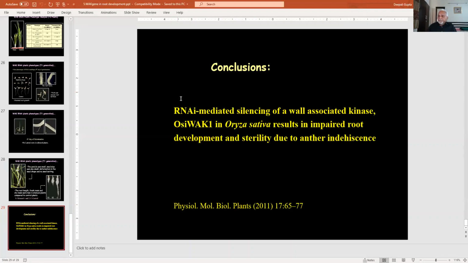But to conclude, what I have tried to do is to give you an idea of how one can very systematically look at the various steps involved in isolating a gene and then functionally characterizing it.